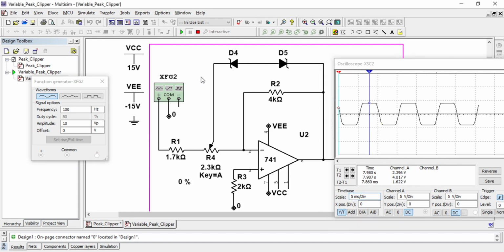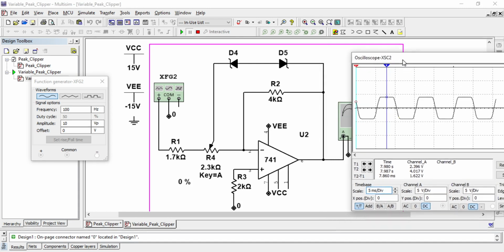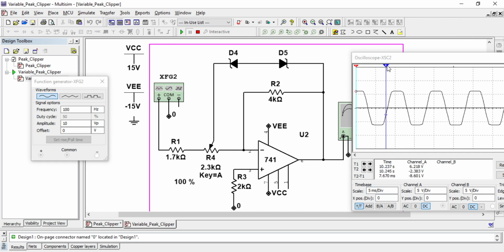So this is the circuit which we can design to generate a variable clipper circuit, and by varying the value of R4 we can precisely clip the input voltage from 4 volt to minus 4 volt, and if I increase the resistance to its maximum value, then it reaches 6.23 volt to minus 6.23 volt.